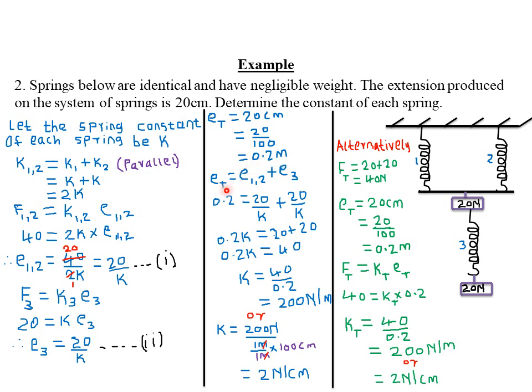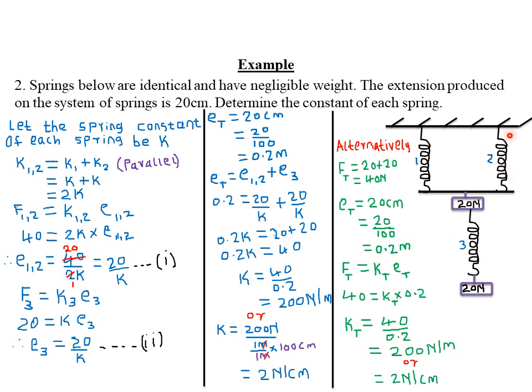So we know that the total extension due to this system will be the extension due to spring 1 and 2 and the extension due to spring 3. That is, the total extension will be the extension of one of the springs here, that is 1 and 2, plus the extension due to spring 3. So the extension for 1 and 2 will just be equal to the extension of one of the springs.